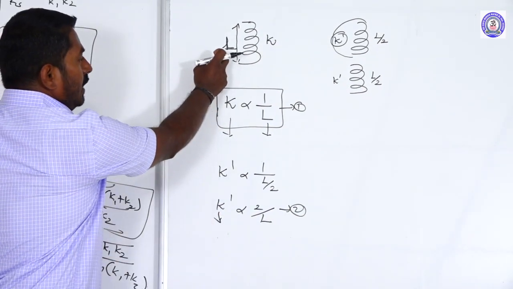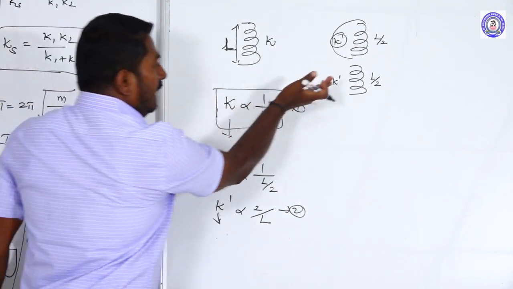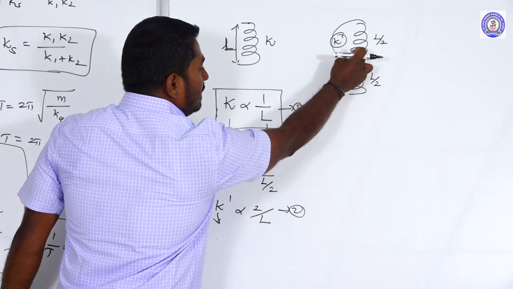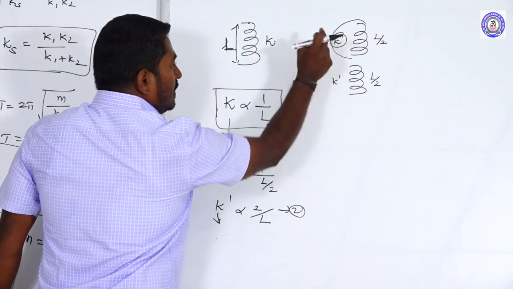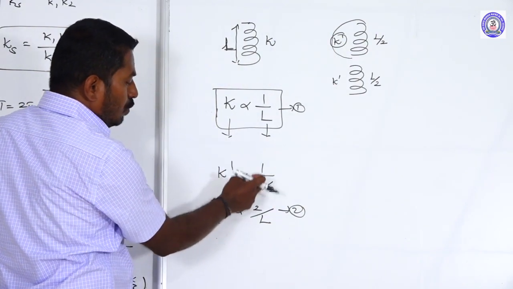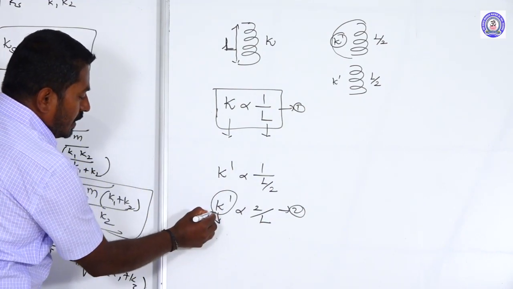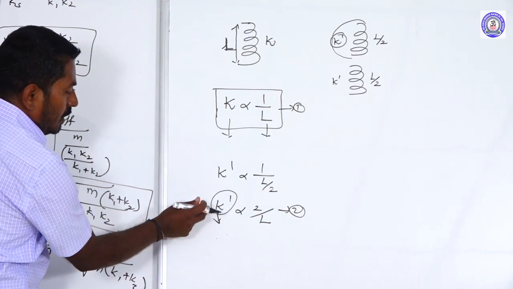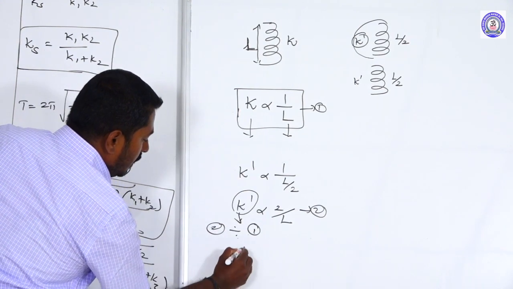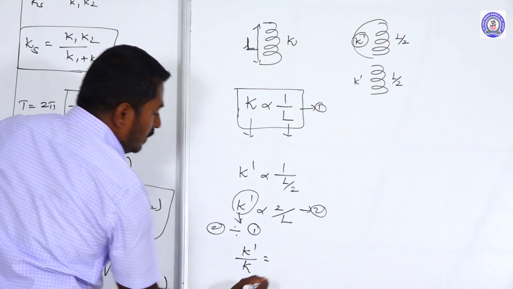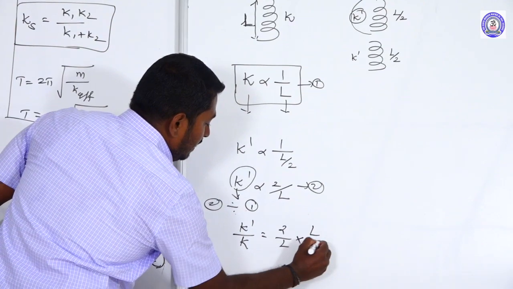Now initially the natural length is L and the force constant is K. Then the natural length of the spring is divided into 2 equal halves. Each segment has a length L divided by 2. Then the new spring constant K prime is proportional to 1 divided by L divided by 2. To determine the new spring constant K prime, divide equation 2 by equation 1, so K prime divided by K is equal to 2 divided by L into L divided by 1.